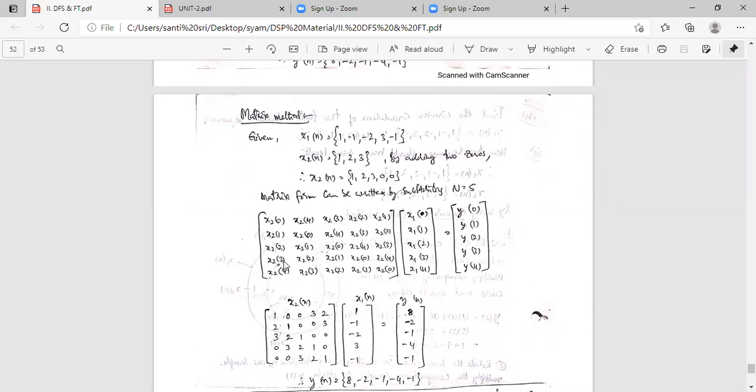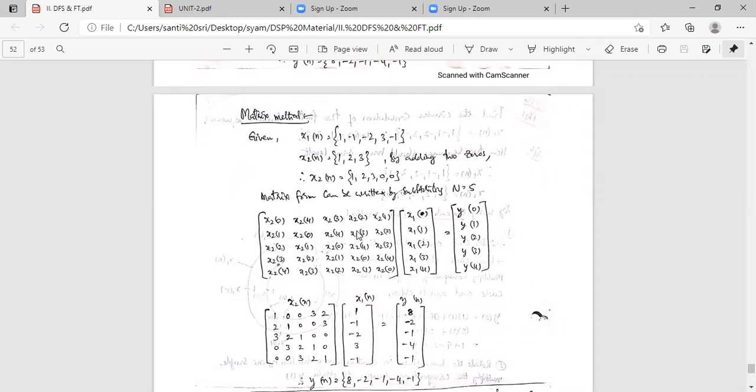x2 of n will be arranged as x2 of 0, x2 of 1, x2 of 2, x2 of 3, x2 of 4. Then x2 of 4 is written here, next x2 of 0, x2 of 1, x2 of 2, x2 of 3. Then x2 of 3 is written here, next x2 of 4, x2 of 0, x2 of 1, x2 of 2.